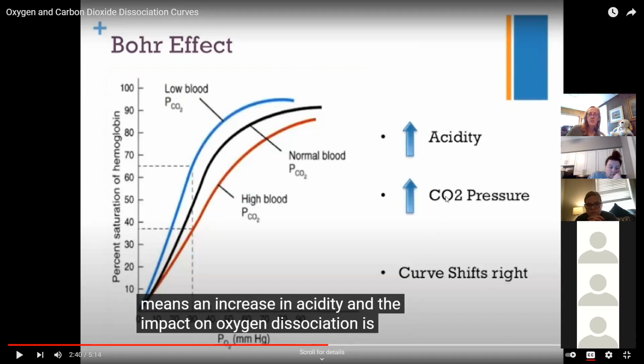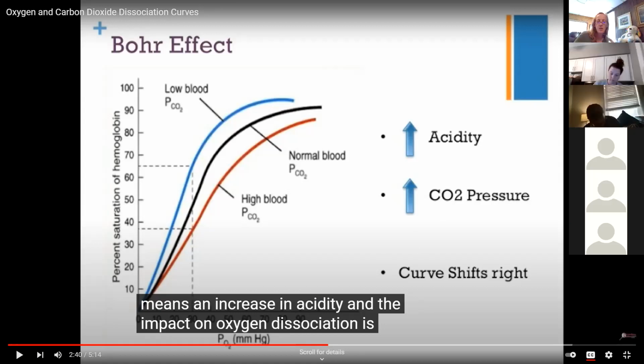Do you remember that chemical equation? Carbon dioxide plus water forms... Let me write it for you just for a quick moment here.